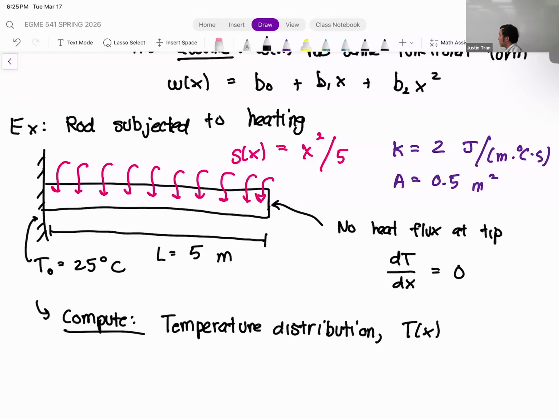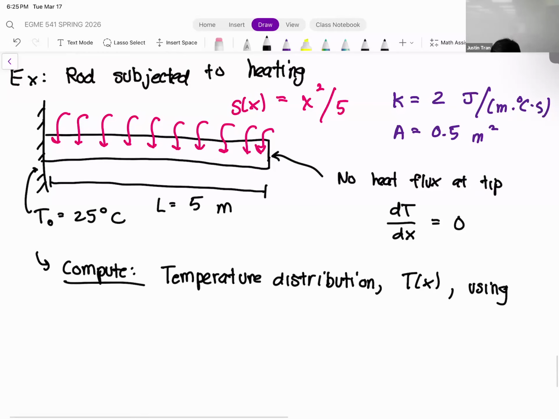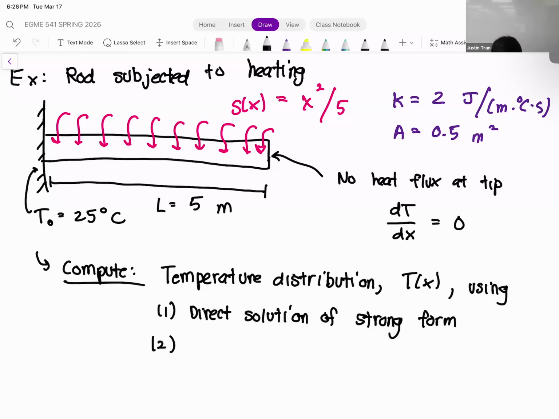So we're going to solve for a solution for T. The first method that we're going to use is to solve the strong form directly. And in part two, we're going to solve for an approximate solution to the weak form.